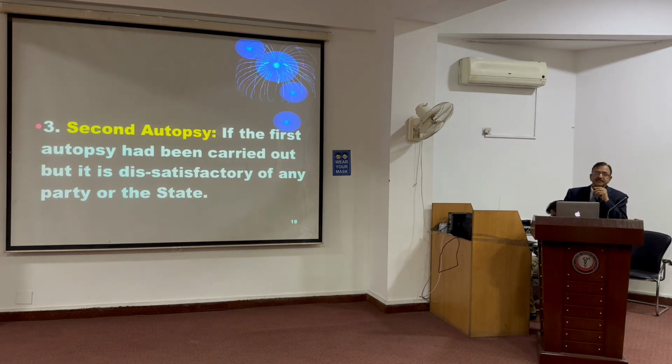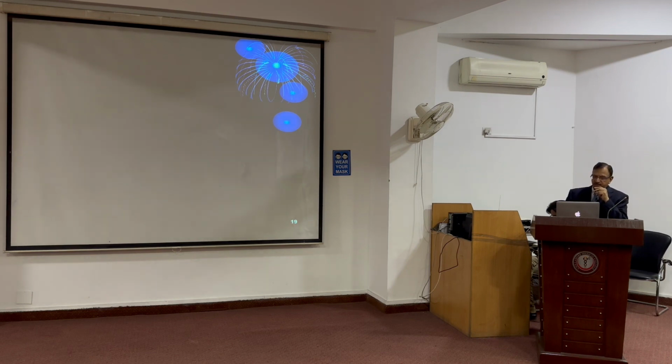Then it can be a second autopsy, when the relatives, the court or the police are not satisfied with the first examination, and they order re-examination on exhumation. Usually an autopsy is conducted by one doctor, the medical officer, but when there is a re-examination after the first examination, it is done by a board, a group of doctors.